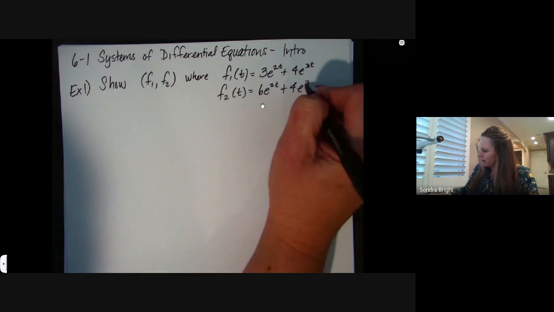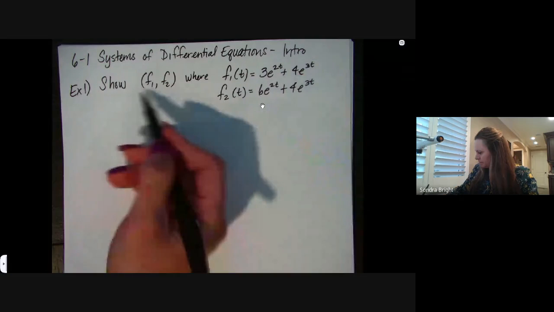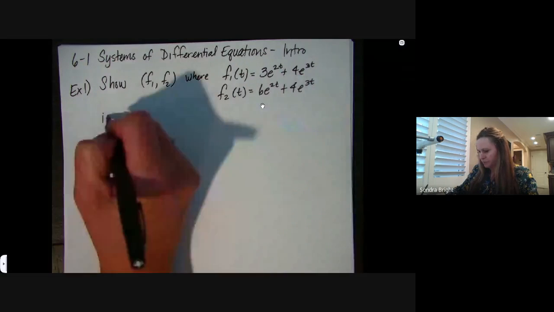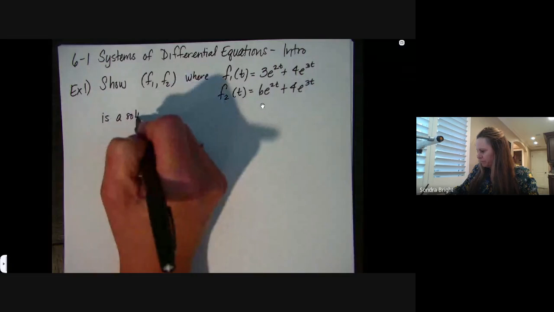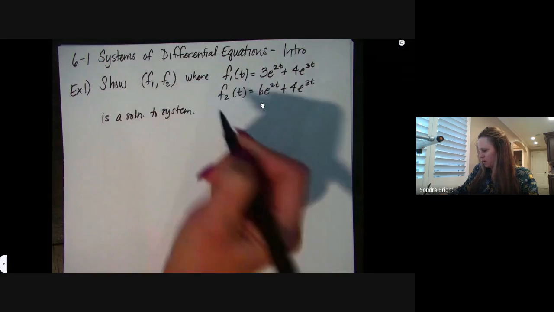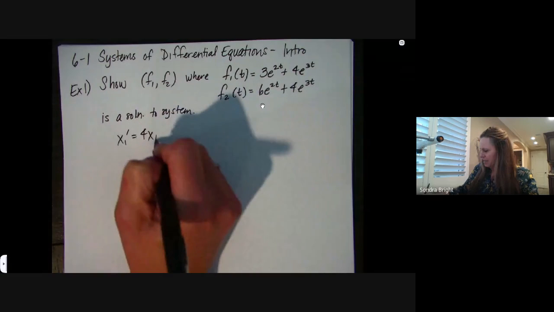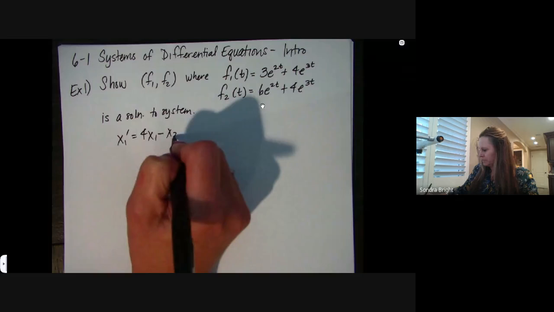So this ordered pair of functions for all t is a solution to the system of x1 prime equals 4x1 minus x2, and x2 prime is equal to 2x1 plus x2.